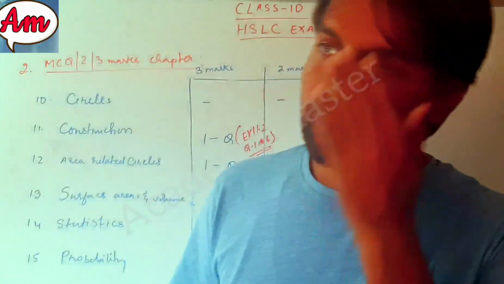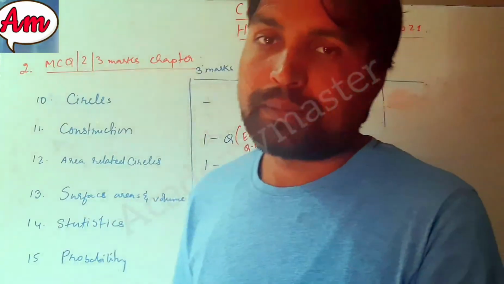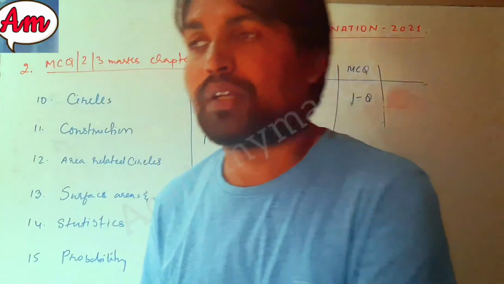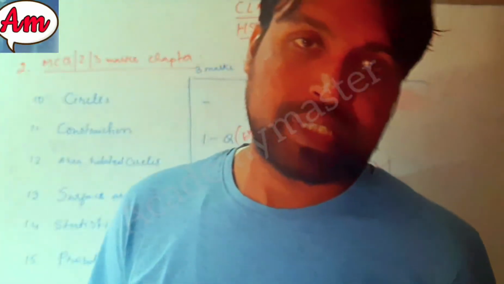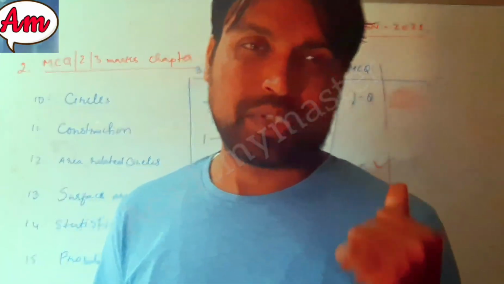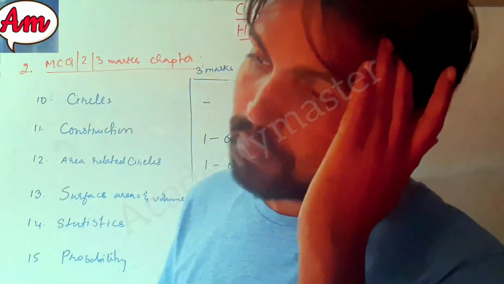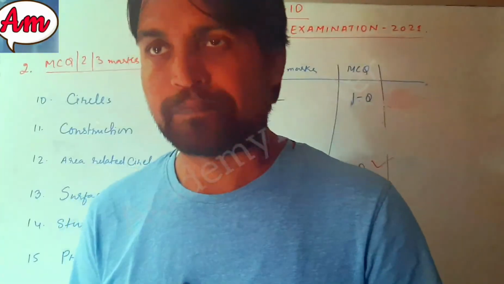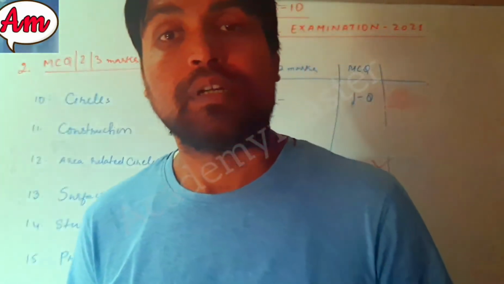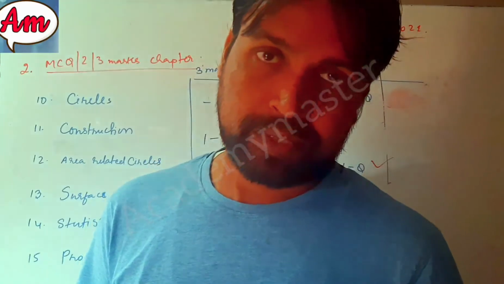Finish the 5 mark questions first, then 3 marks, then 2 marks, and MCQ. Don't study the MCQ of all the chapters. Whichever chapters I mentioned here, study the MCQ from those chapters only. So dear students, all the best and prepare very well for your mathematics examinations.